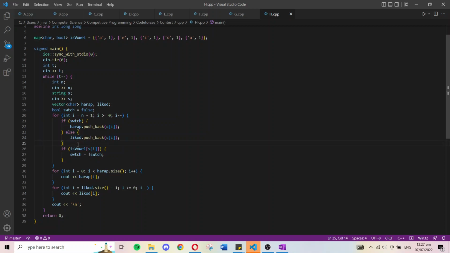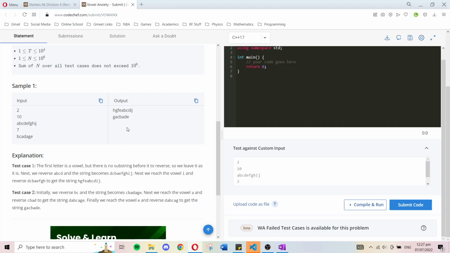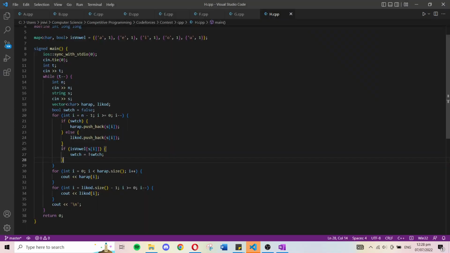And then the thing is we should put it after checking this, because the vowels itself don't actually get affected by its own. So meaning this E will not go here in the front because it only affects before it. That's why we place it here.